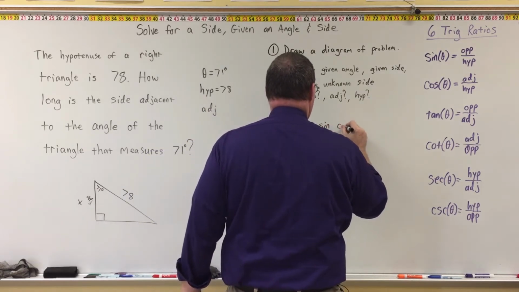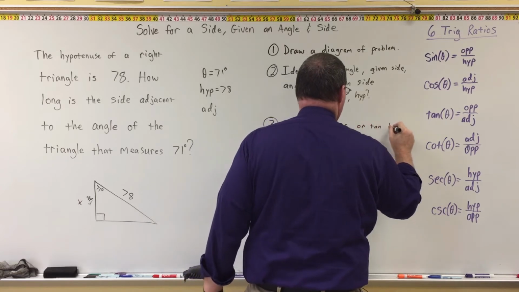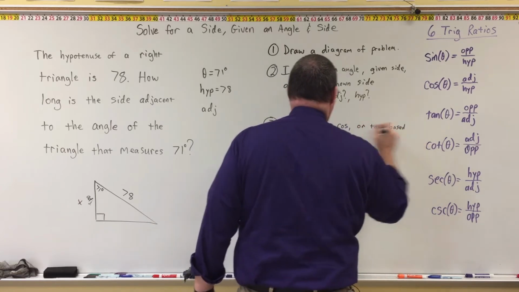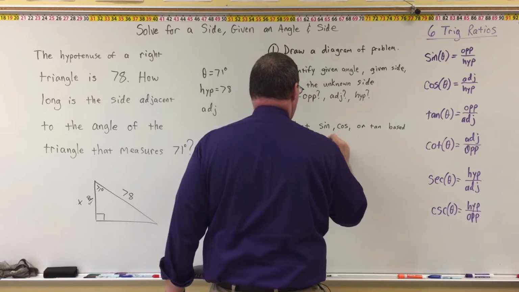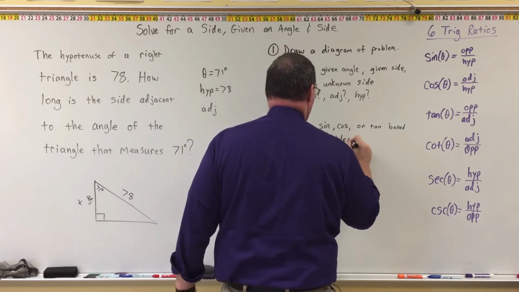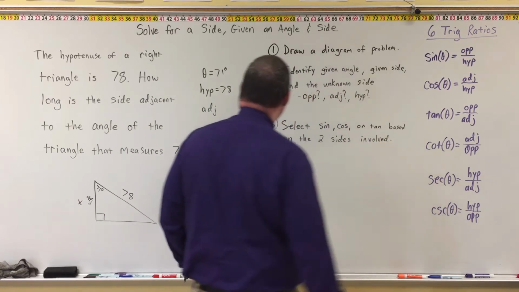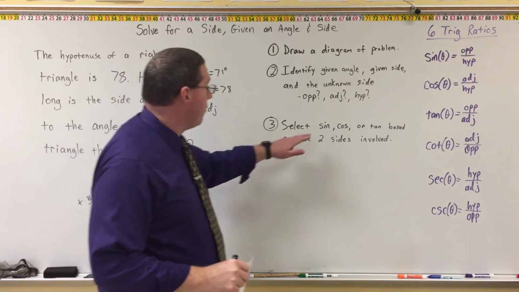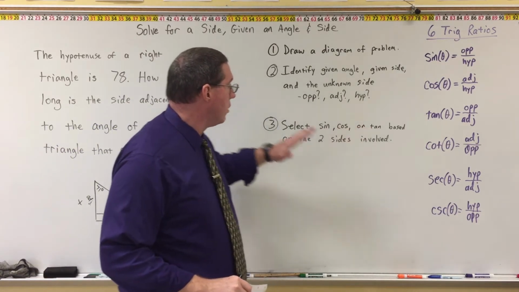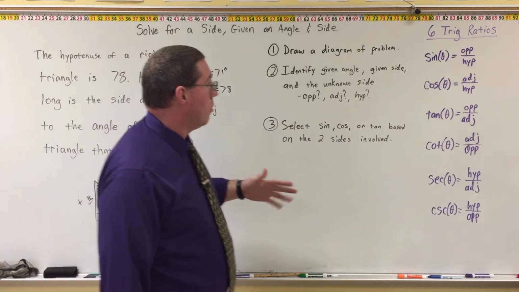Select sine, cosine, or tangent based on the two sides involved. Here's what I mean by that. In this problem, we're dealing with hypotenuse and adjacent. Which of these three, sine, cosine, or tangent, deals with hypotenuse and adjacent? It's cosine.